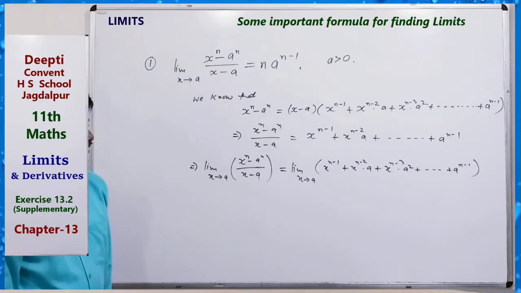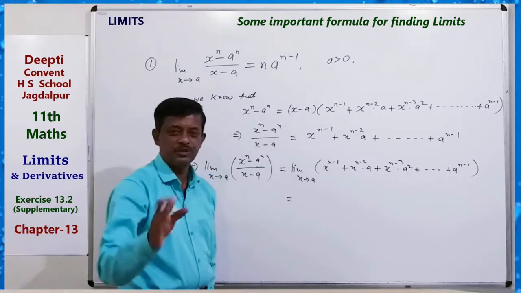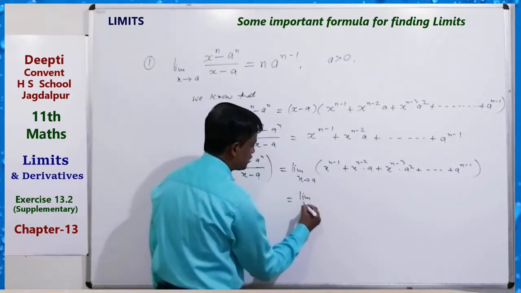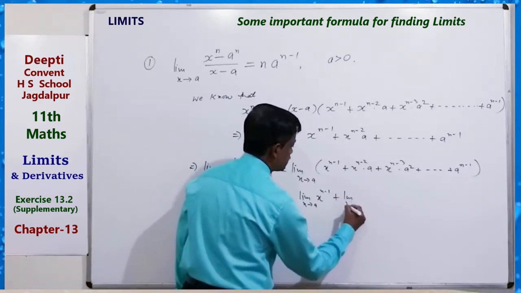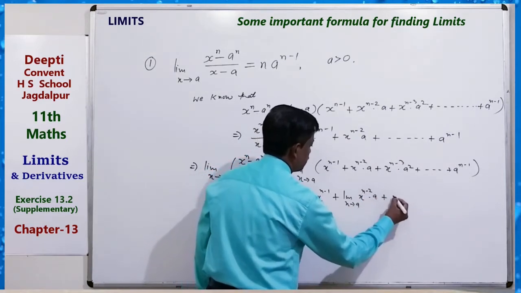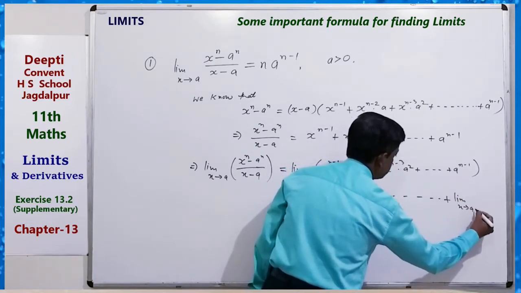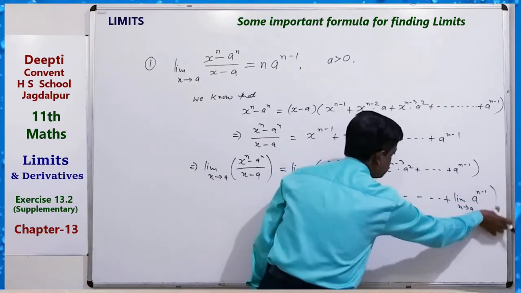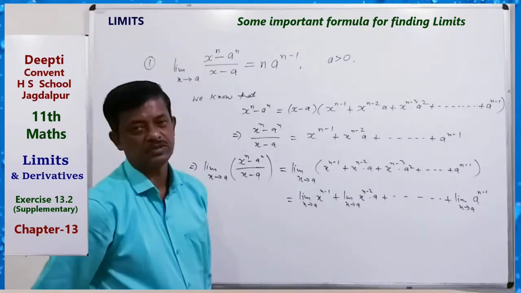Distribute the limit, because we know the algebra of limits. So limit x tending to a of x to the power n minus 1, plus limit x tending to a of x to the power n minus 2 into a, and so on, plus limit x tending to a of a to the power n minus 1. Here nothing is related to x, so the limit will be a to the power n minus 1.